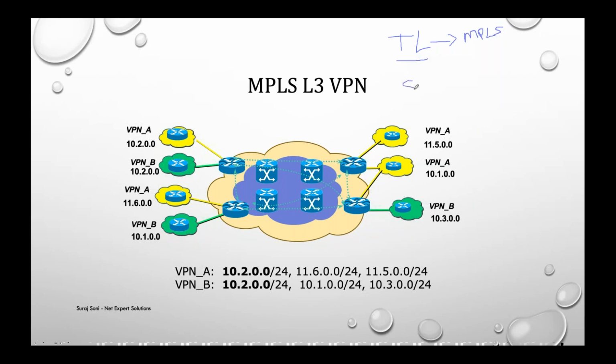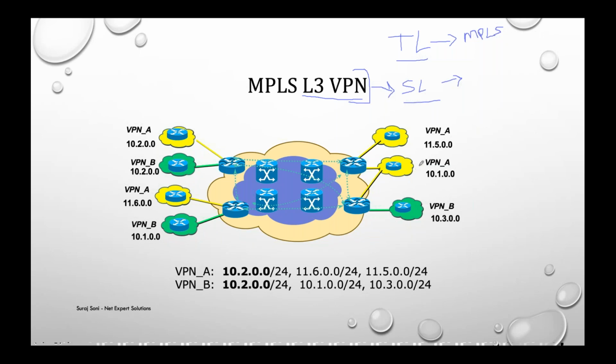Similarly, we have some other type of label which is called service label, and that service label will be used for identification of the service. So L3 VPN is a service. This service label is actually assigned by this service for their internal identification, whatever type of identification they need.